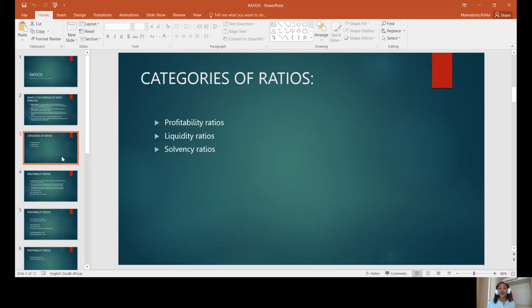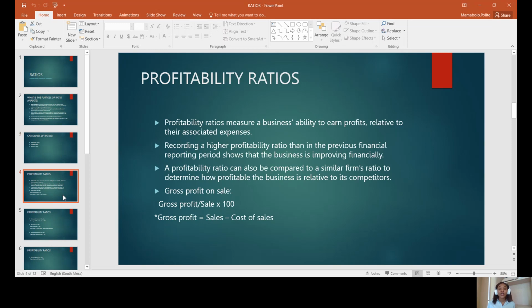As I've already mentioned, we're going to be covering the profitability ratios as well as the liquidity ratios. The profitability ratios are used to measure the business's ability to earn profit relative to its associated expenses. Are we profitable? Are we making more than we incur? Are we making money? This is what profitability ratio is about.